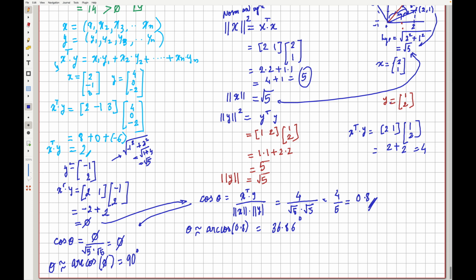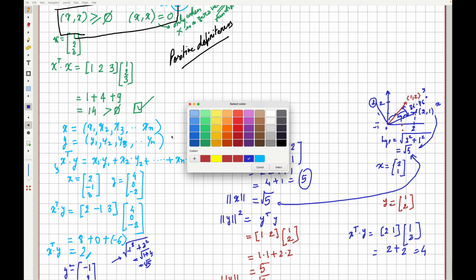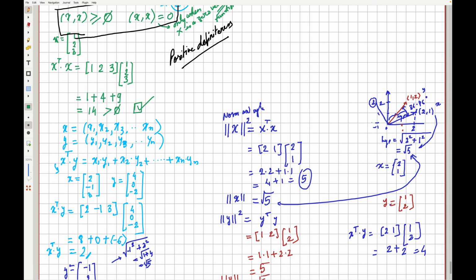What that says is, if we look at the new vector that we just created, this vector right here, then the angle it makes with the x, which is this one, is 90 degrees. That is to say that this vector y is orthogonal to the vector x.